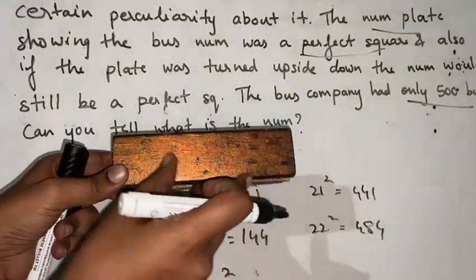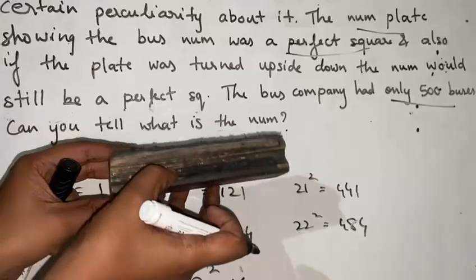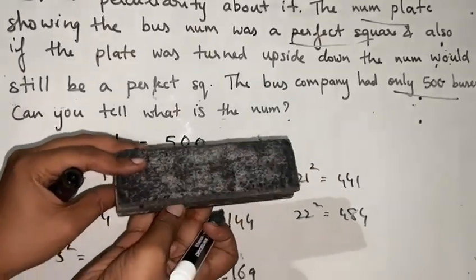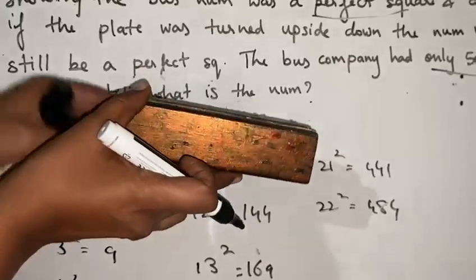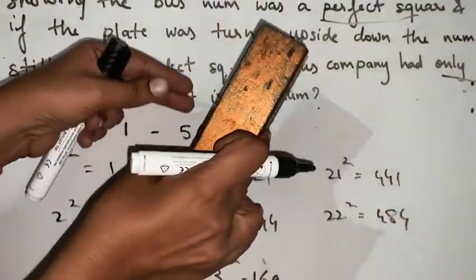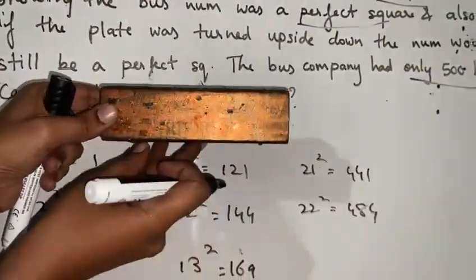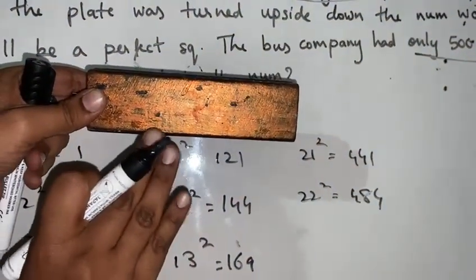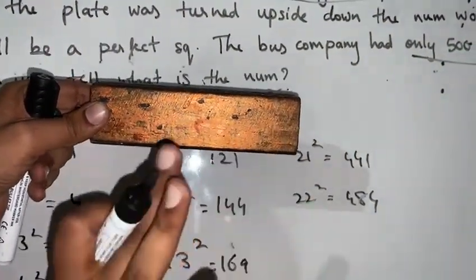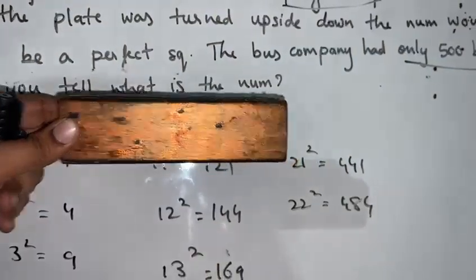If I tilt it, I'm not looking at tilting it like this because it will show the back side of the number plate. If you're tilting it, you would go a full circle and turn it upside down, which means the number on the left side would come to the right and the number on the right would go to the left. That clarity we should have.